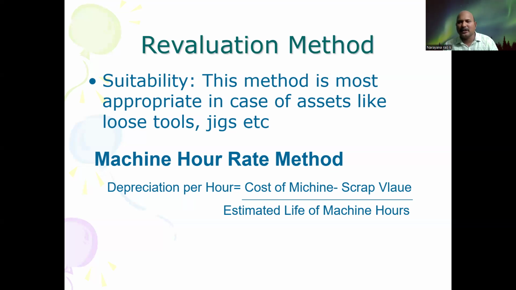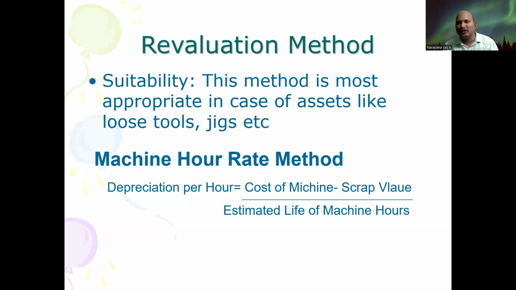Loose tools are used whenever the plant or machinery is shut down, or when any repair occurs for maintenance purposes. Otherwise, they won't be used. That means at the early lifetime of the machinery, the usage of loose tools is very low. As the lifetime goes on, for repairs and maintenance they use the loose tools. That's why we can't apply either the diminishing balance method or the straight line method, and we go for revaluation.